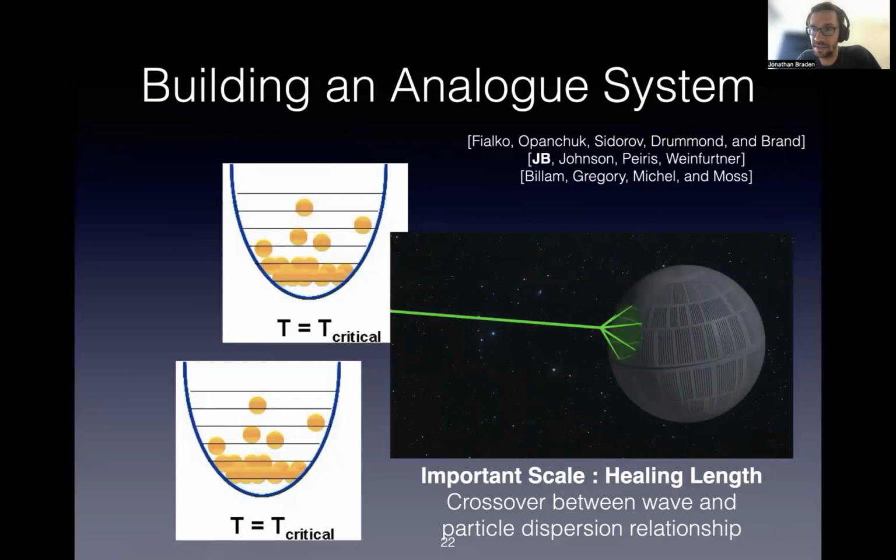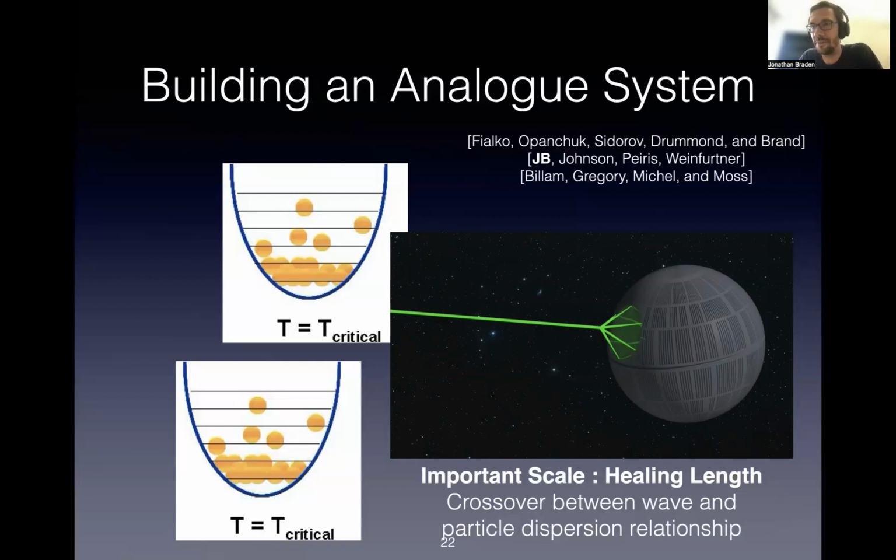And for the specific system that we've been thinking about, this is basically done with a radio frequency laser. But depending on the experimental setup, this can be done different ways. And the point is, this coupling will allow one species to directly convert into the other one. Okay. And in doing this, we are able to make effective relativistic field theories that have potentials for them. And I'll show how that works in a second.